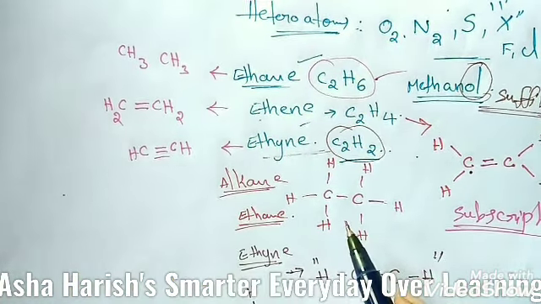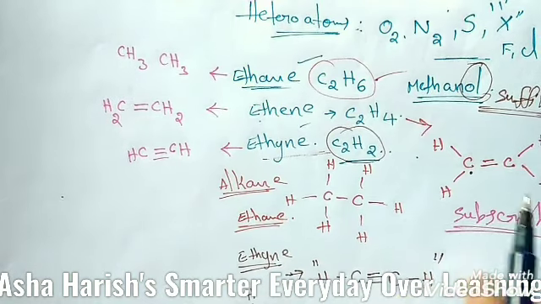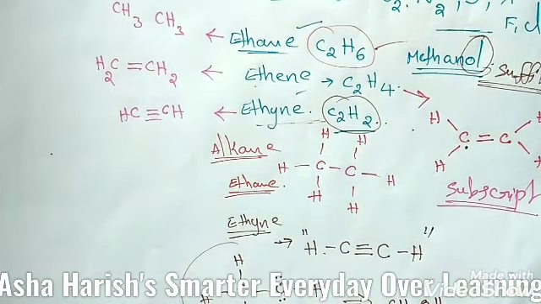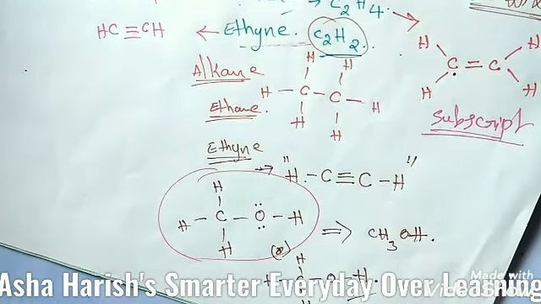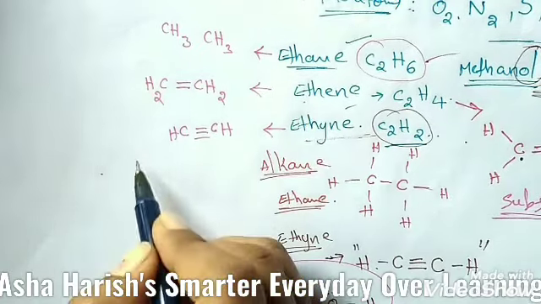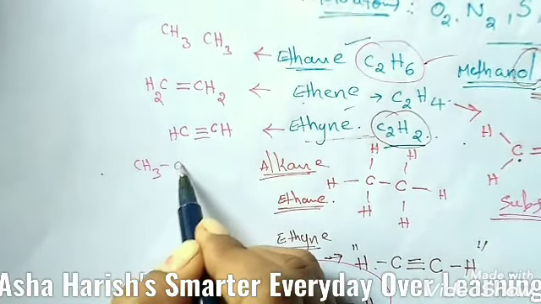And the next one, CH3OH. That is methanol. I'm going to write here methanol directly as CH3OH.